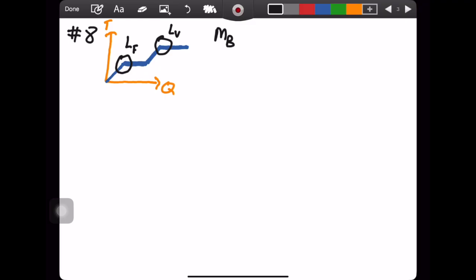Perspiration evaporates, and evaporation is a cooling process. And so the body in this problem has 67.0 kilograms of mass. We are told that the body is going to cool down by 0.700 Celsius.